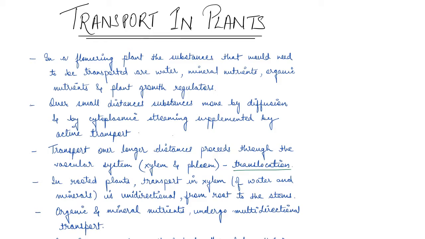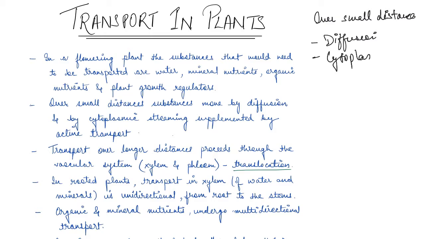So what I said, if it's over small distance, this can be by diffusion, by cytoplasmic streaming, using ATP, right? So by active transport.